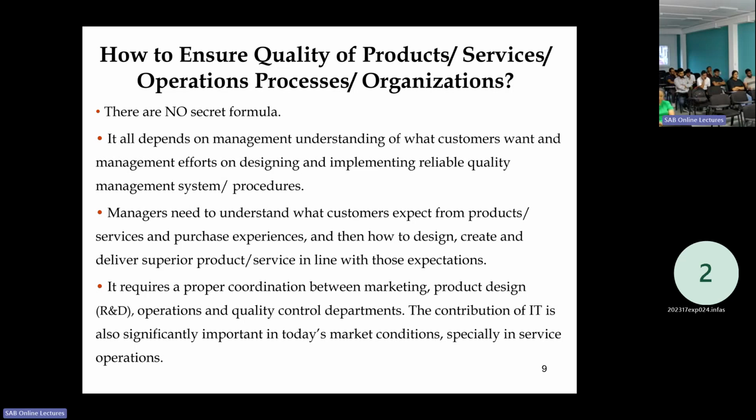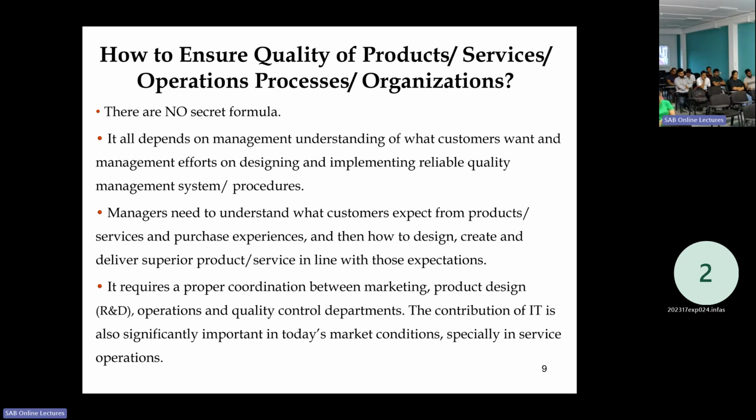So delighted customers are an asset. Accountants don't believe so. Finance managers don't believe so, but marketing people and operations people will believe. Delighted customers are not just customers, they are kind of assets. If they return, they purchase from us again and again. They become loyal customers.